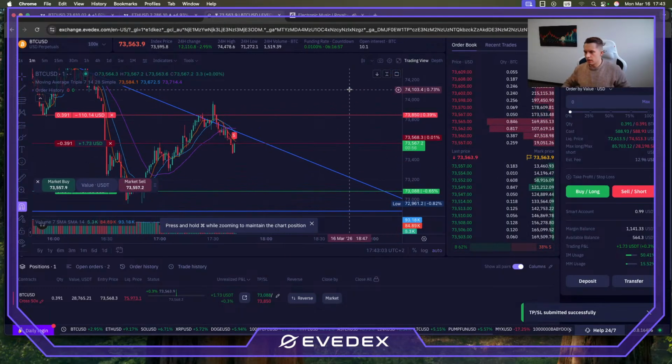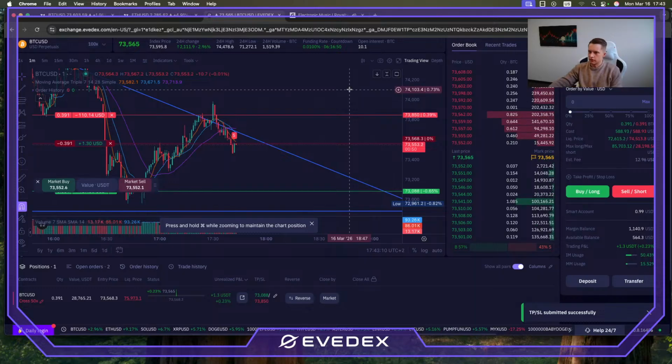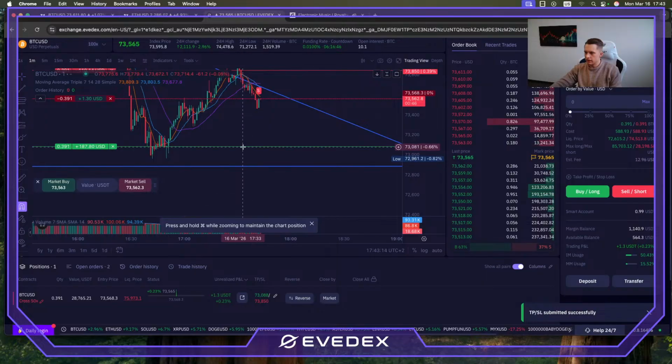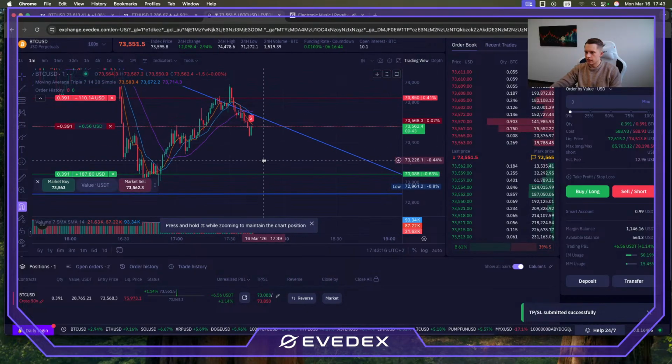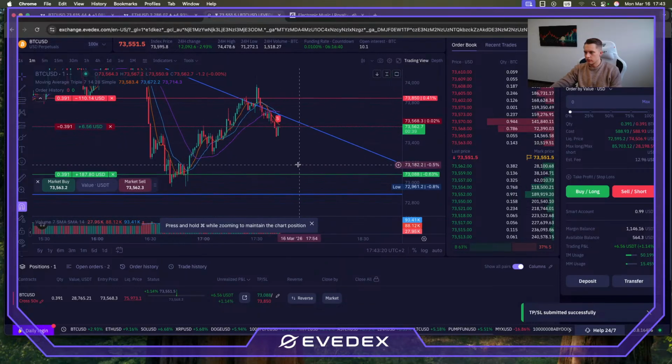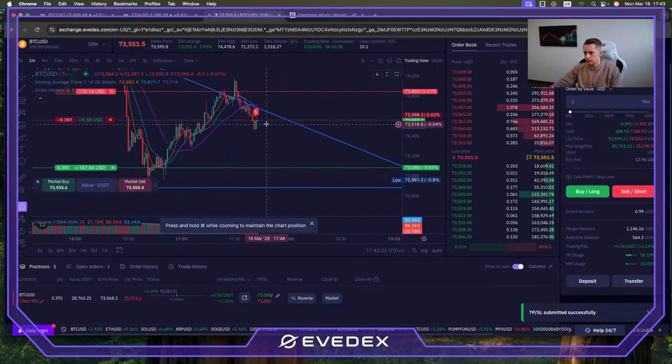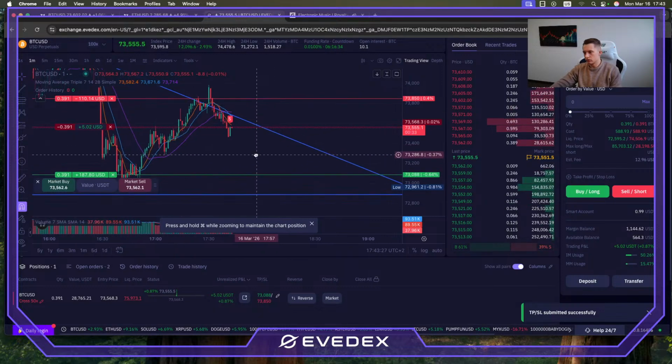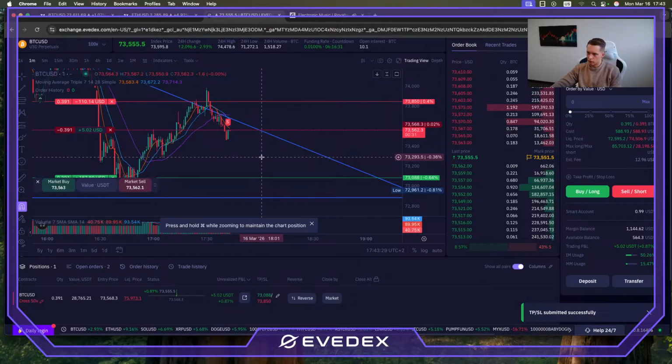So those are our stop loss and take profit levels marked out. We have a stop loss up here, and our take profit would be around this area, as we're expecting the downtrend to continue, and that's roughly where the next peak could potentially form.